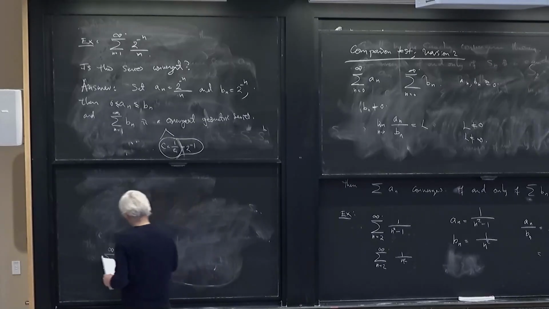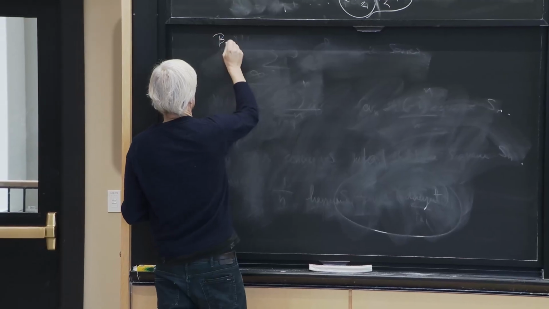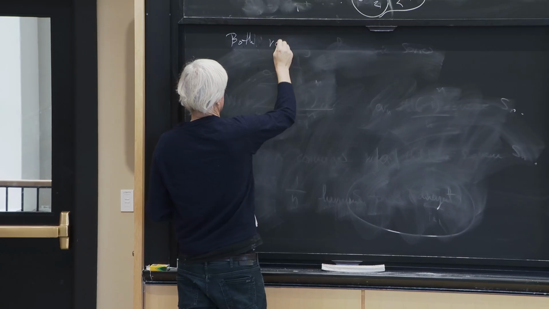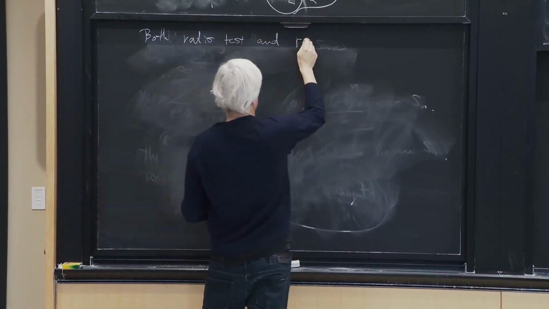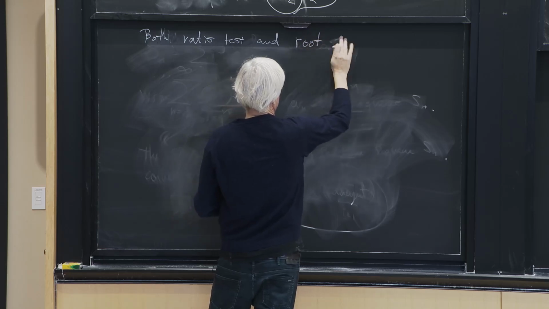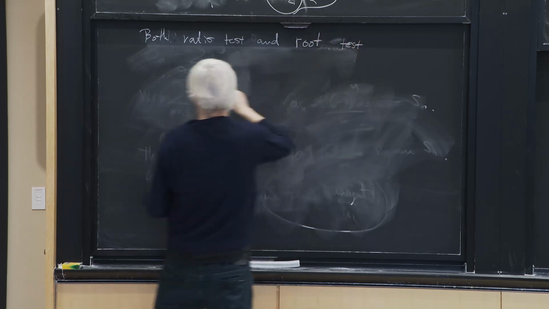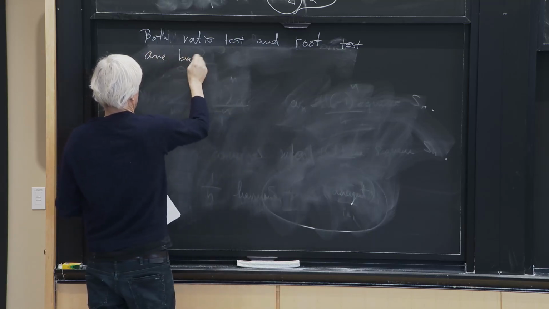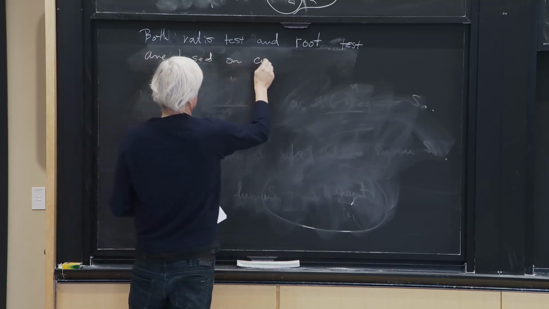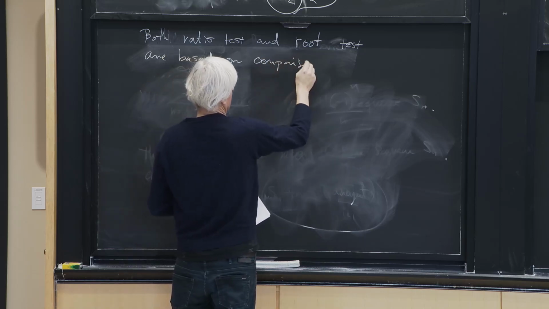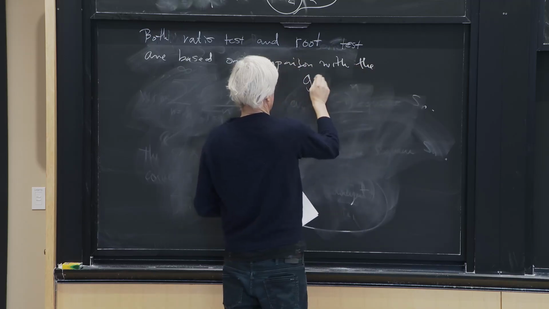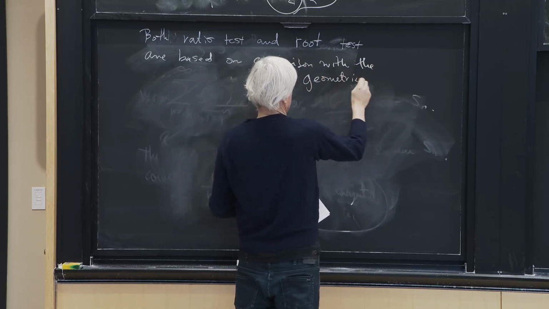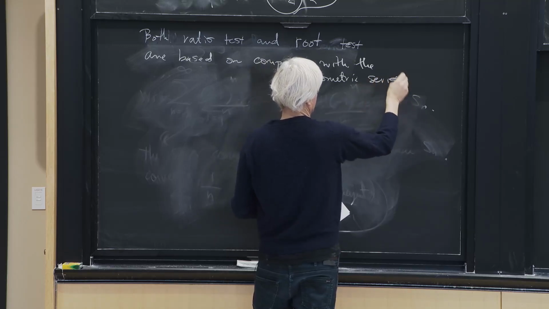The next two tests, the ratio test and the root test, are both based on comparison with the geometric series. And so this explains why the geometric series is so crucial.